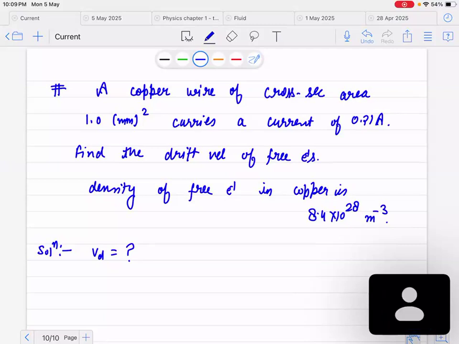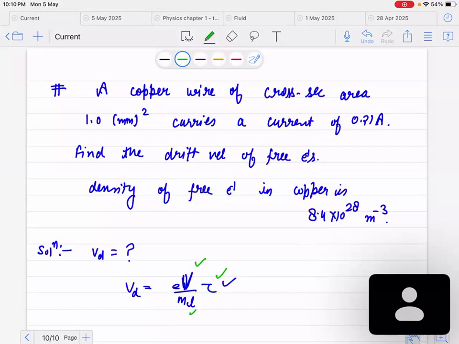I'm using the drift velocity formula, v average is equal to eEτ/m, with l. Okay. You are saying you will use this formula? Yes, sir. But neither potential is given, neither relaxation time, nor length.